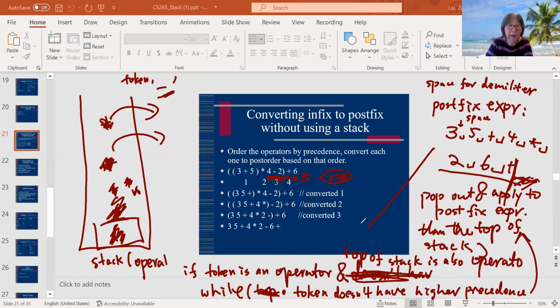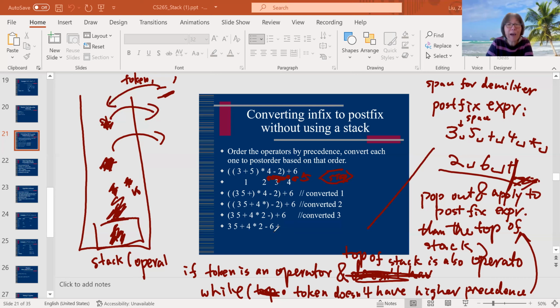So let's compare: 3, 5, then plus, then 4, then times, then 2. Oh, I forgot, I also need to push this token back. After we pop that multiplication out and there's no other operator, I need to push the minus sign back.